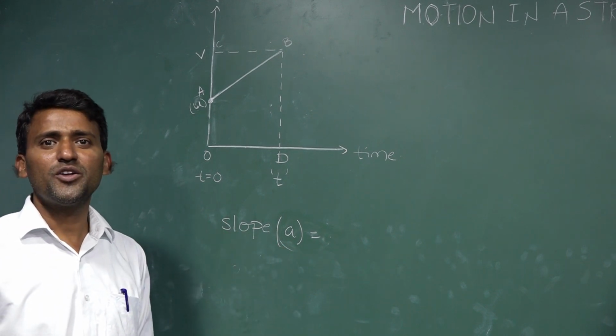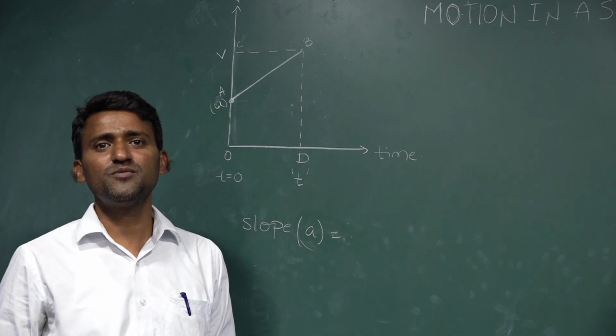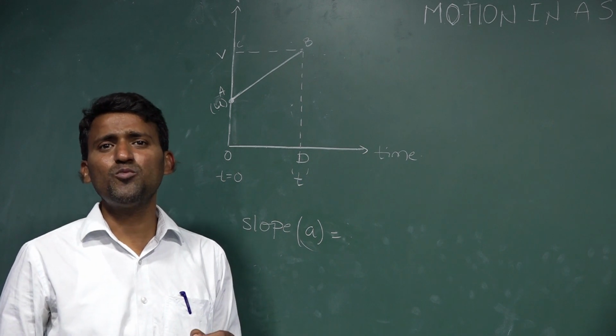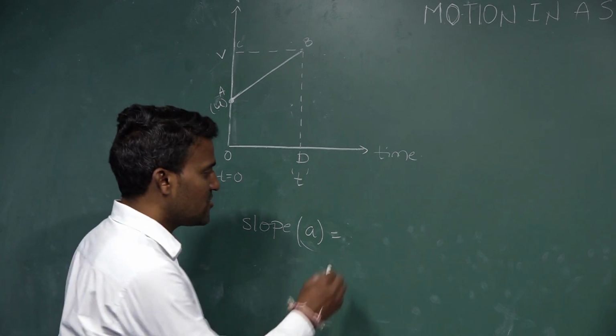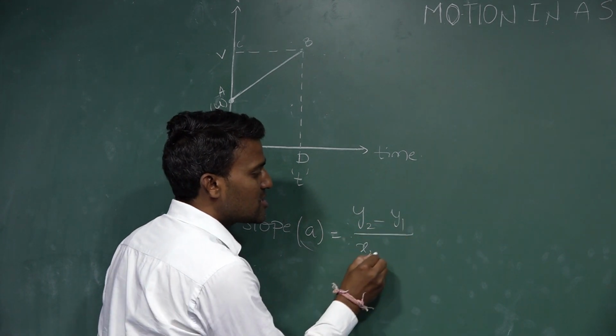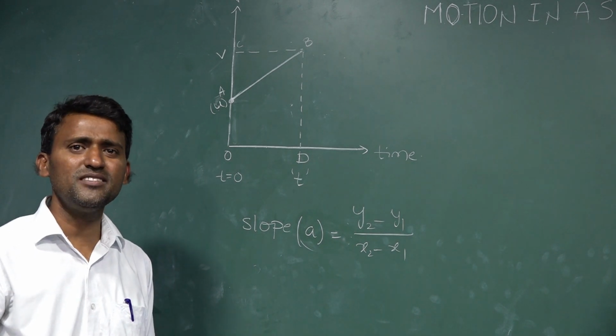Slope is equal to the difference between any 2 points on the y-axis divided by the difference between the 2 points on the x-axis. We can write that as (y2 minus y1) divided by (x2 minus x1).